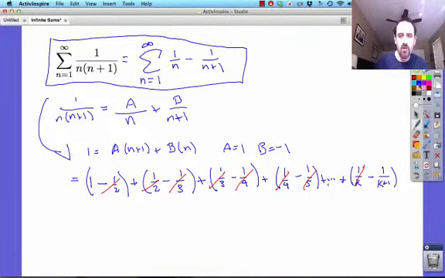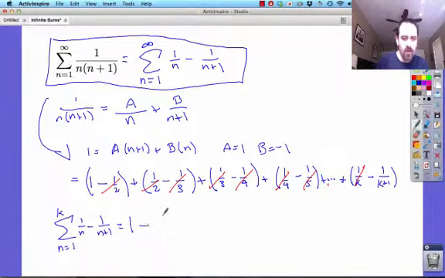So if I look at what happens to this series up to a value k, the sum from n equals 1 to k of 1 over n minus 1 over n plus 1, I end up with just a 1, and then the very last term, 1 over k plus 1.